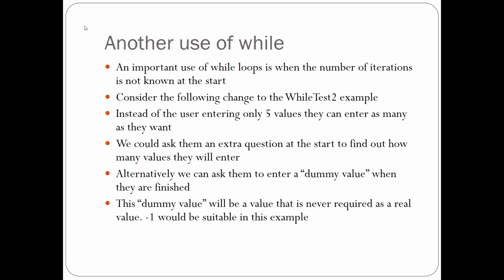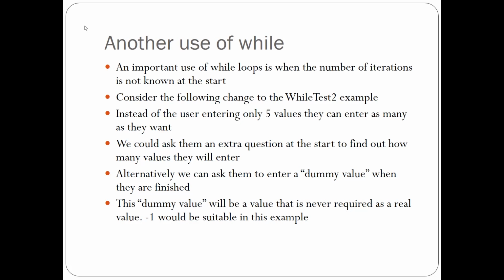Another way that we can do it is by not having a question which asks them how many times they want to do it. Let's make the user do it as many times as they want, and when they've finished, get them to type in a dummy value. It's sometimes called a sentinel value.